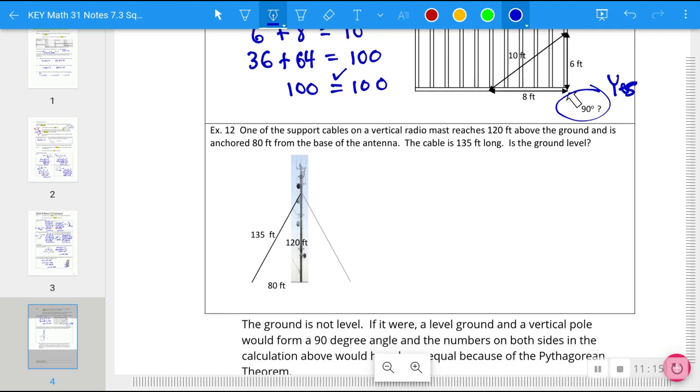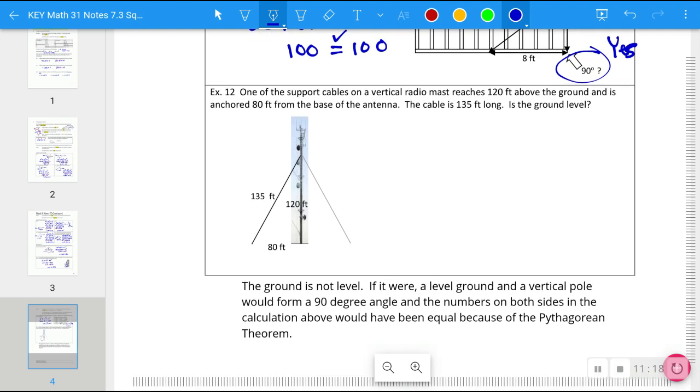Okay, another application of this, you've got a tower that's 120 feet high, and the cable is tied 80 feet from the base, and you got a guy wire that's 135 feet long, and you want to know if this is level ground. Well, if it's level and your mast is vertical, then that would be a 90-degree corner.